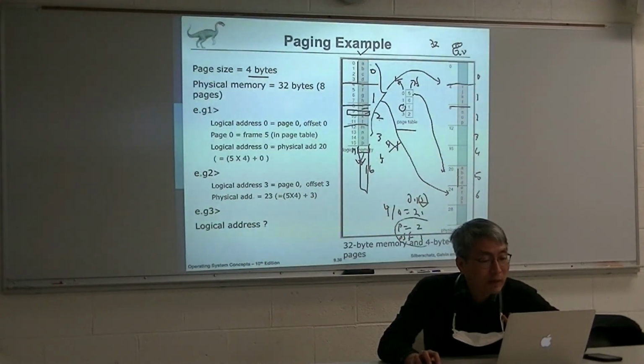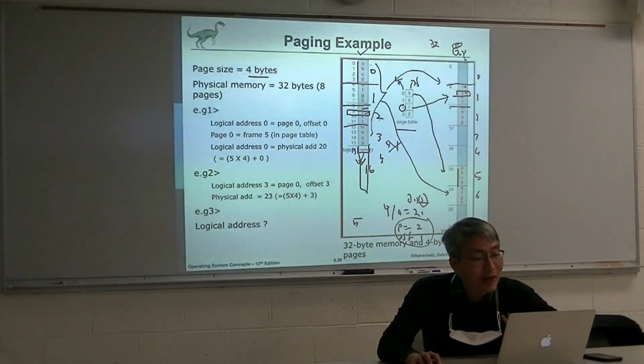So this is the information. Then page 2 is mapped to page frame number 1. Page frame number 1 is here. Then the offset is 0, 1. So this is the address, 4, 5. The physical address is 5.